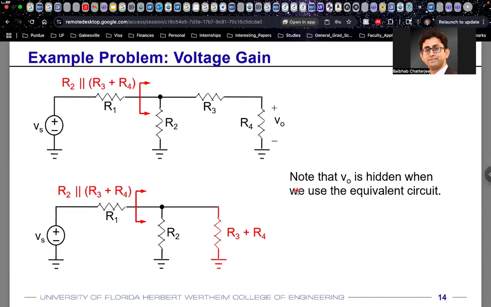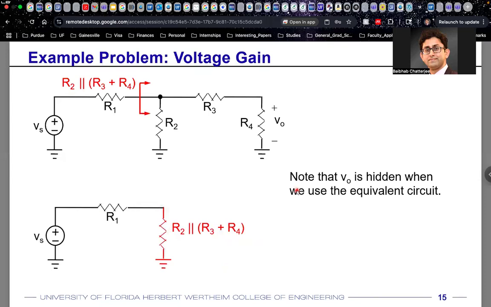Now, if you look into the next slide, which is basically representing what you see here, you see two resistances. One resistance is R2, and the other resistance is R3 plus R4. Are they in series or in parallel? They are in parallel, perfect.